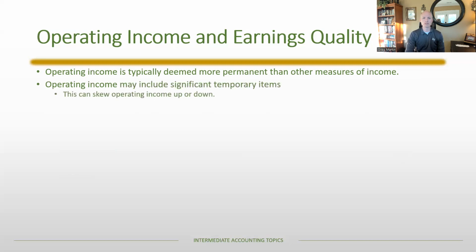Those temporary items, whether it's a one-time charge or think about COVID, things like that, where you're classifying expenses that may have been to change the workplace environment, were those listed as an operating expense? Were they a non-operating item? What did you do with those? But there could be very temporary items that are included, and that can skew income up or down.